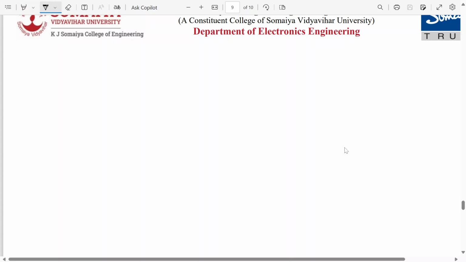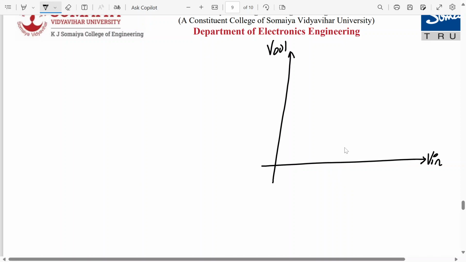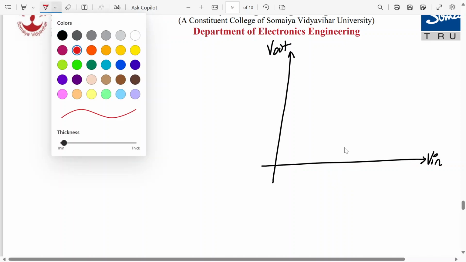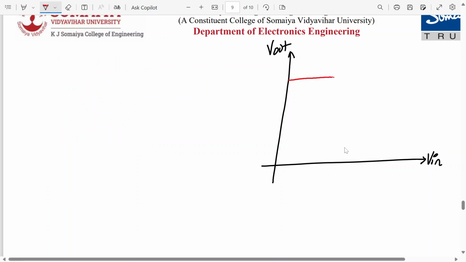First of all, let me draw the VTC curve again. You have to keep on drawing it again and again until it becomes part of your system. So this is my VTC curve. It doesn't go to 0.